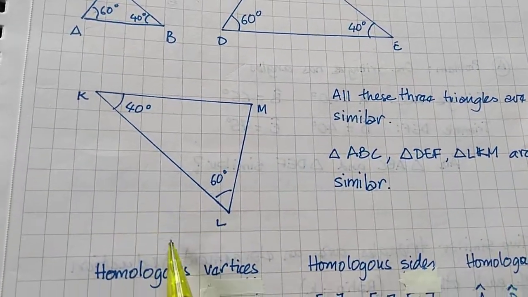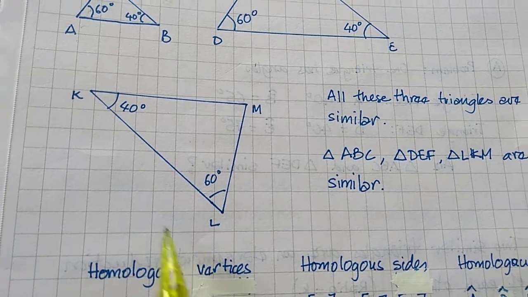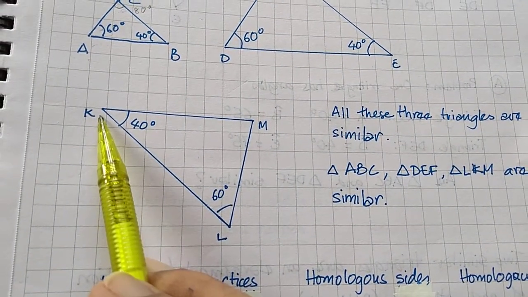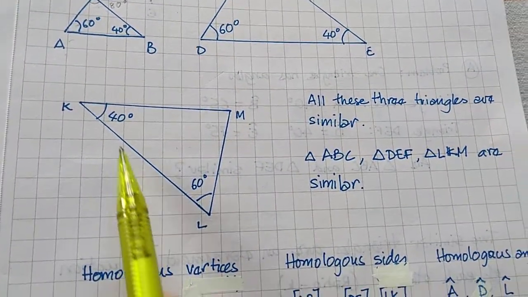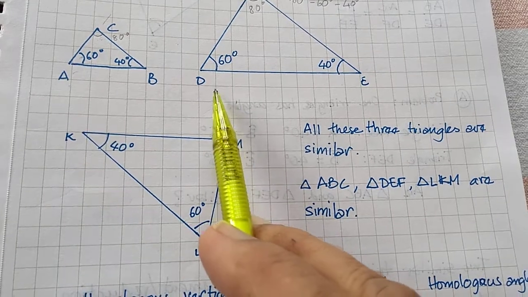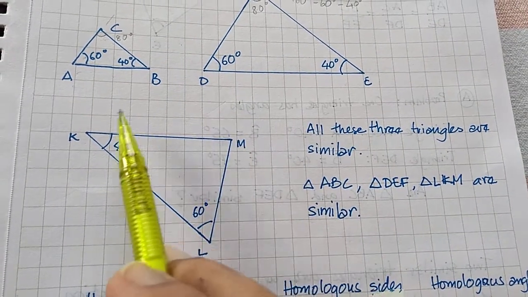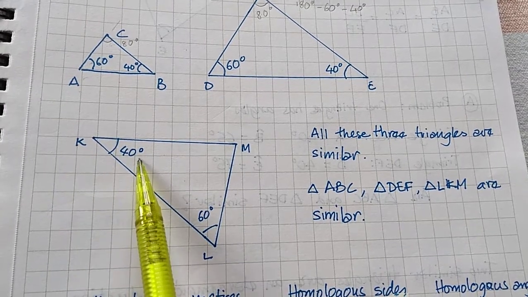So you just have to say what are the homologous vertices. That means which sommet corresponds to which sommet. So here you can see that sommet A in this triangle corresponds to sommet D in that triangle, corresponds to sommet K in the, no, not sommet K, because this is 40 degrees.